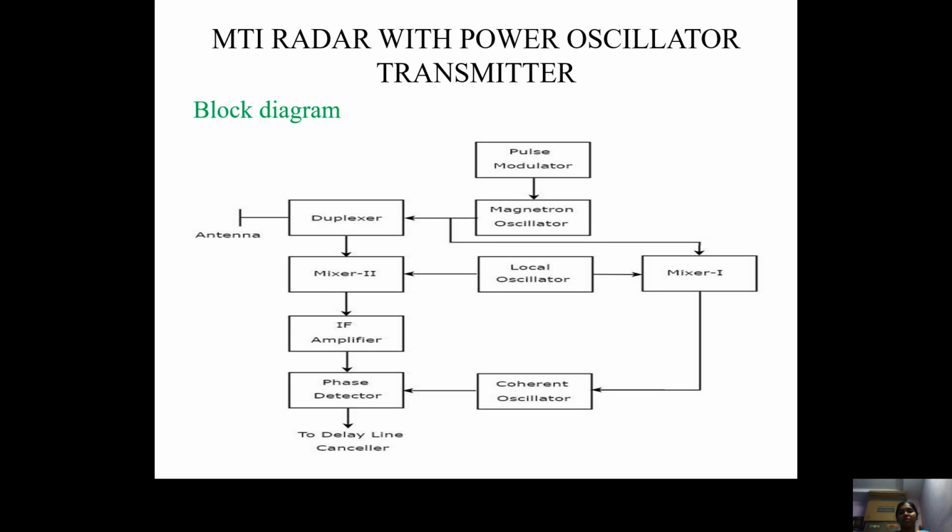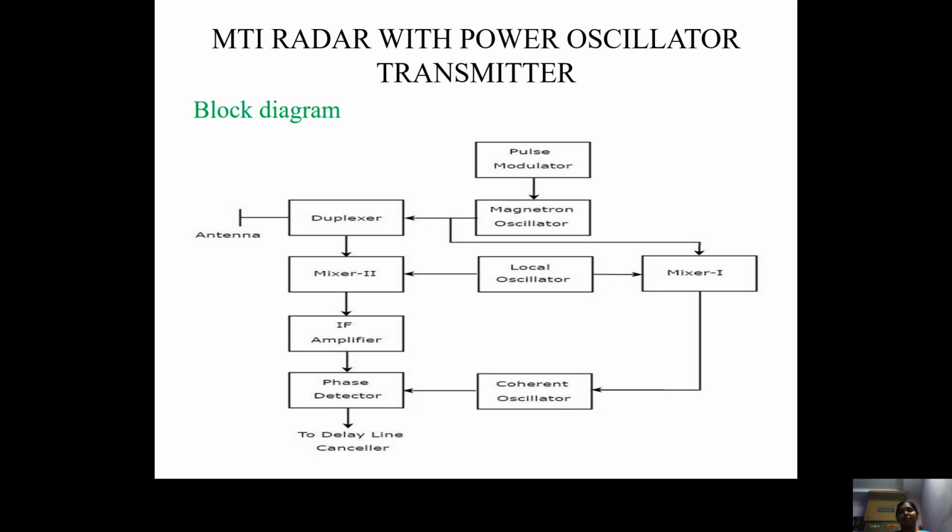These were the designs available before the invention of power amplifiers. The magnetron oscillator can give us high power, so it can be used in the transmitter section.